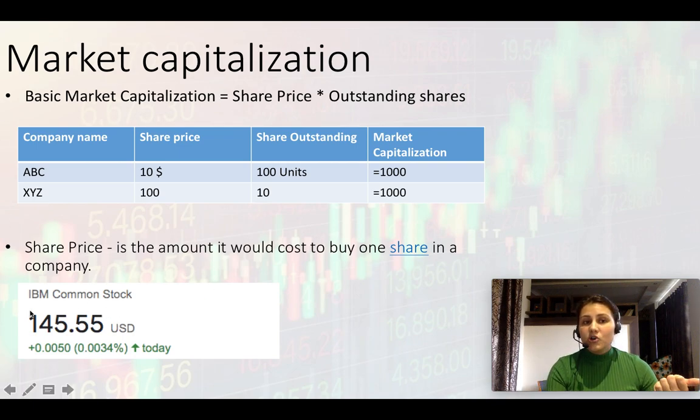Here is a screenshot that I have attached for IBM, and it says that for today the share price value is 145.55 USD, and it will keep on fluctuating throughout the day. I'm sure you may have heard of last sale price and close price, and with these two values we are able to derive how the company is performing.